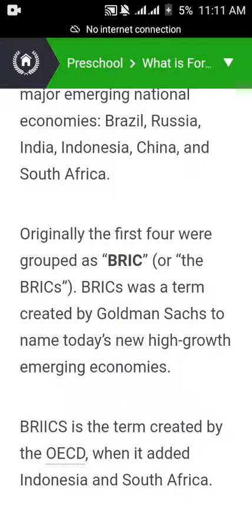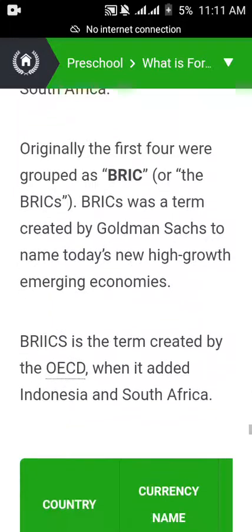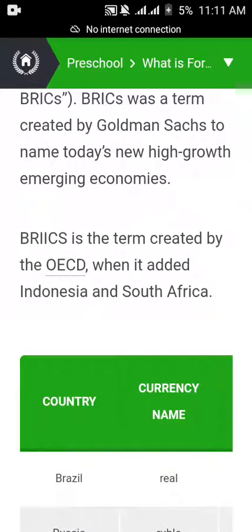Originally, the first four were grouped as BRIC. BRIC was a term created by Goldman Sachs to name today's new high-growth emerging economies. BRICS is the term created when Indonesia and South Africa were added.